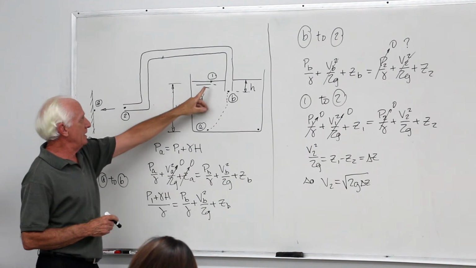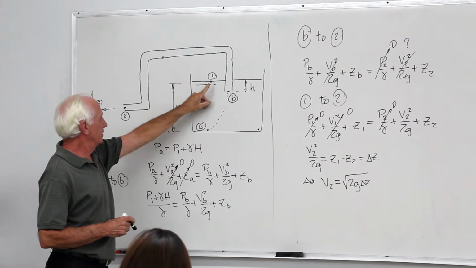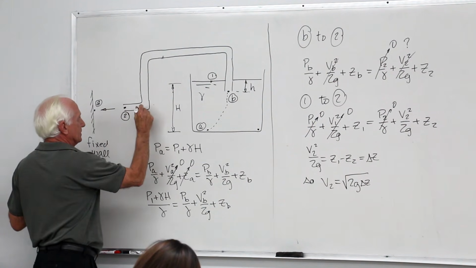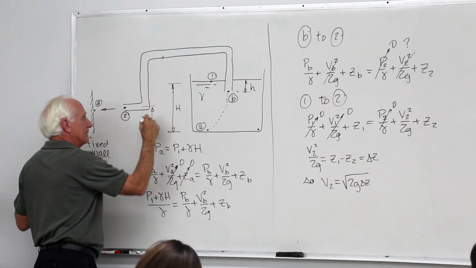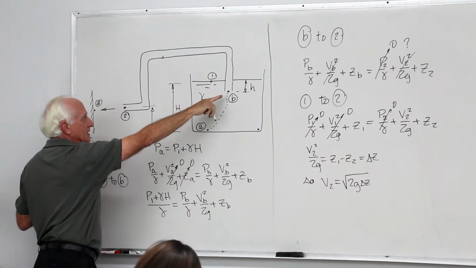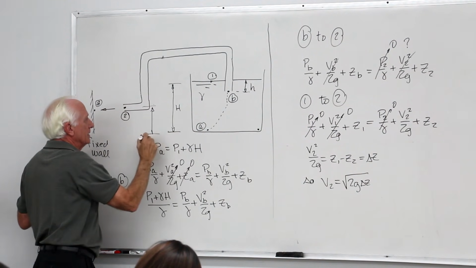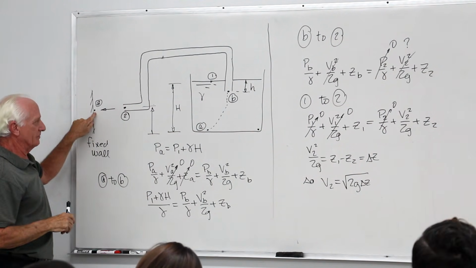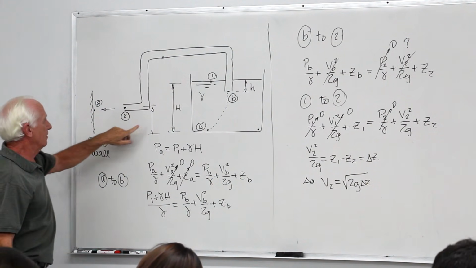If you start from here at 1, you know H, you're typically given this distance right here. I think in your case it might be the same as that. It is the same height as that. You're given that height, which is a height of 3 like that.